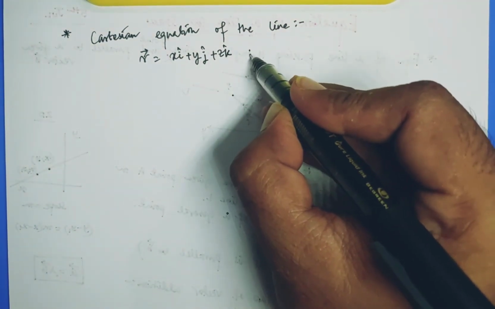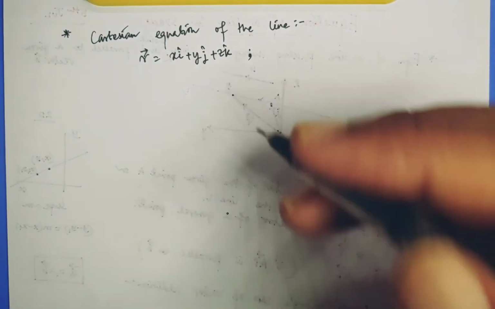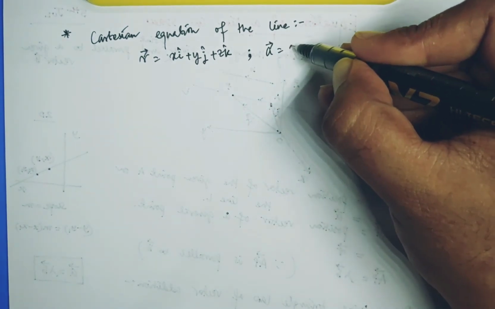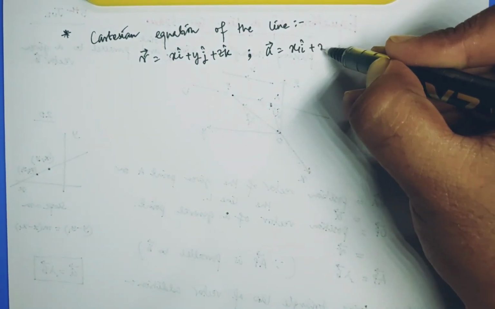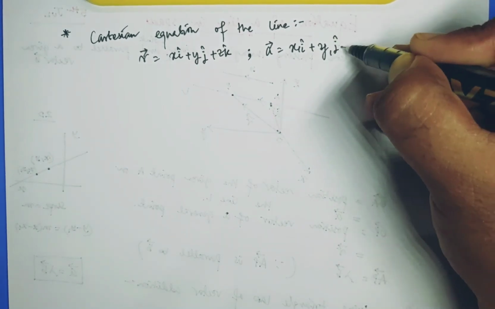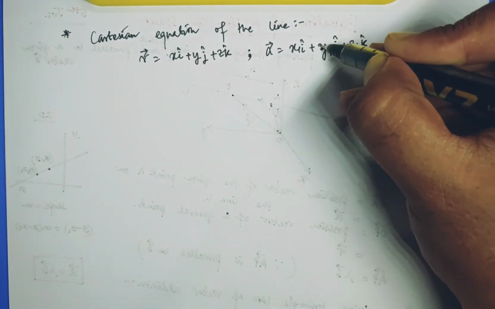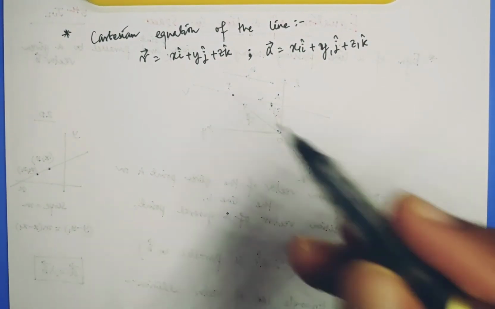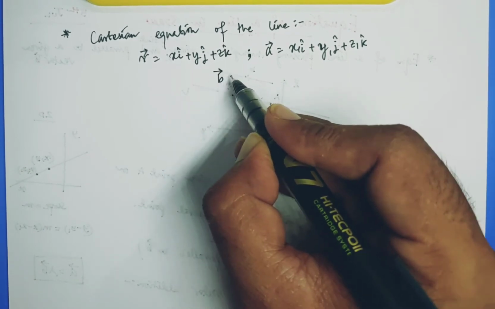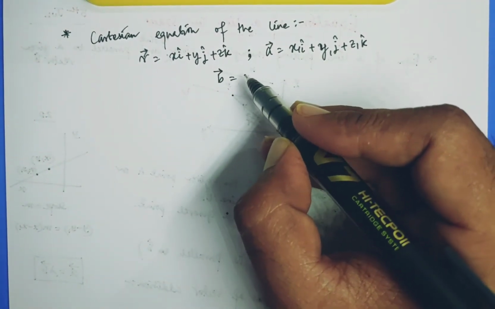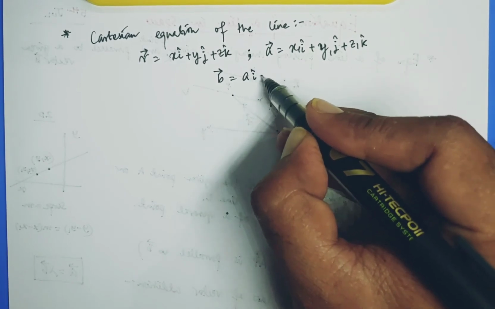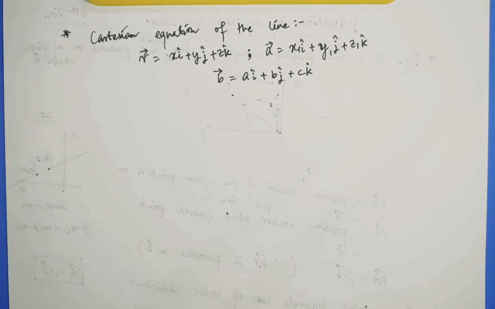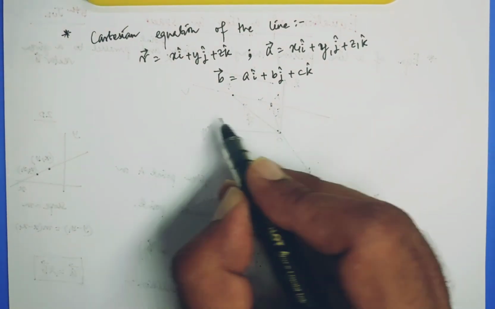And then I told you the given point is x1, y1. So in here the given point will be x1, y1, z1. So A vector will be x1 i cap plus y1 j cap plus z1 k cap. Clear? Now our B vector, let us write this one as A i cap plus B j cap plus C k cap. Now what was the equation we derived for the vector equation?